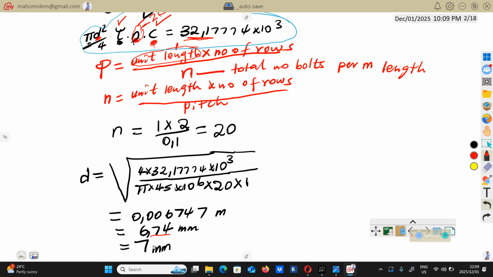So remember, the bigger the diameter, the stronger the fastener becomes. So from 6.74 to 7, it will be a stronger bolt, stronger fastener, which is good. So we want more resistance. As long as it's going to provide more resistance compared to the shear flow, then it's good.